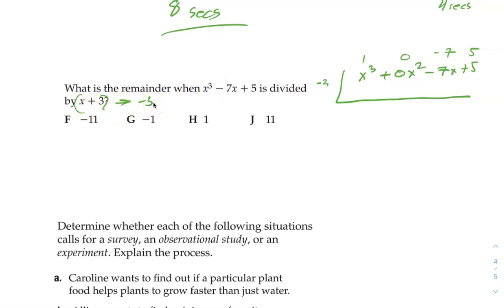This is where we bring the first one down. 1, multiply across, -3, add down, -3, multiply across, 9, add down, 2, multiply across, add down, -1. That's our remainder. So you could sub the -3 into this and see what you get, or do something like division.